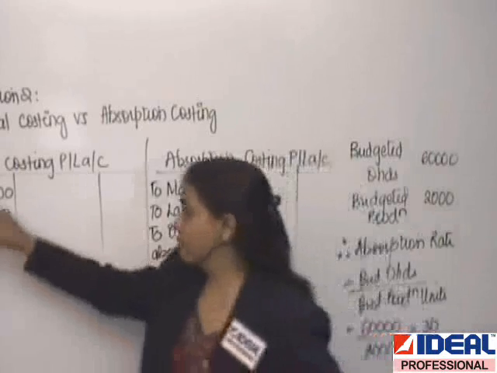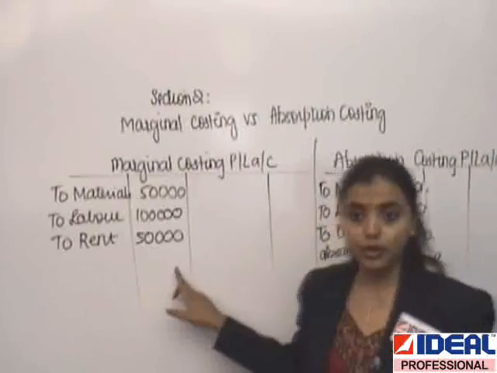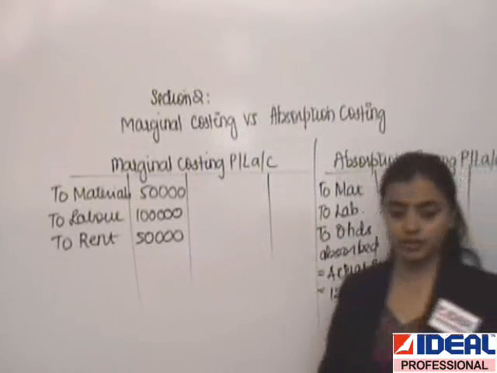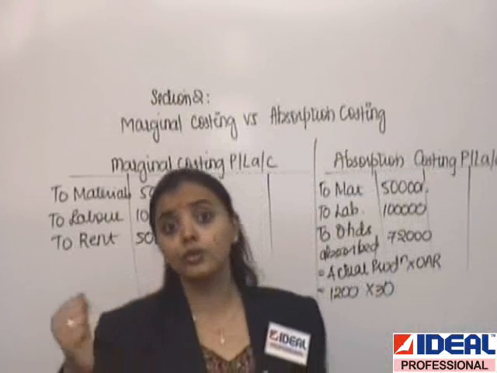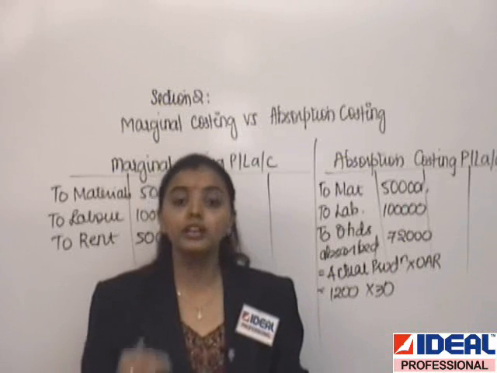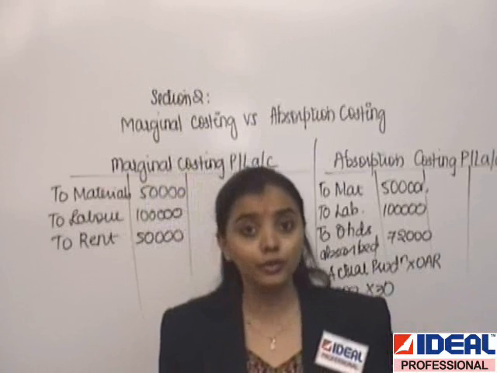If you see, the marginal costing fixed overheads are booked as 50,000, whereas absorption costing books an amount of 72,000. Amount absorbed is 72,000 and actually you have incurred 50,000 of your overheads. We conclude that there is an over-absorption of 22,000 rupees.